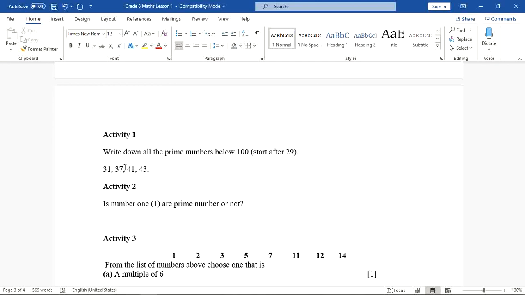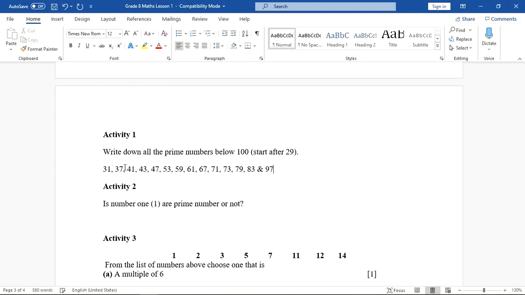Also 47. After 47, it's 53. After 53, we have 59, 61, 67, 71, 73, 79, 83, and the last one is 97.